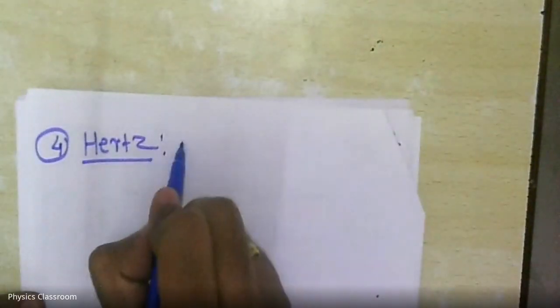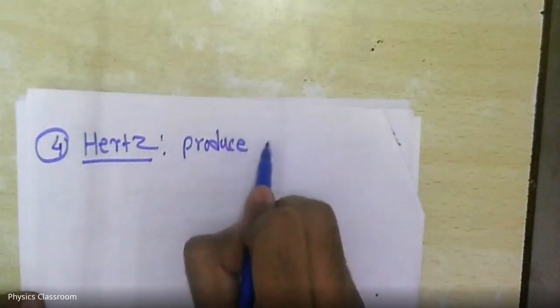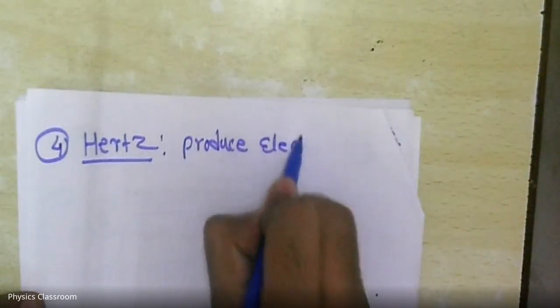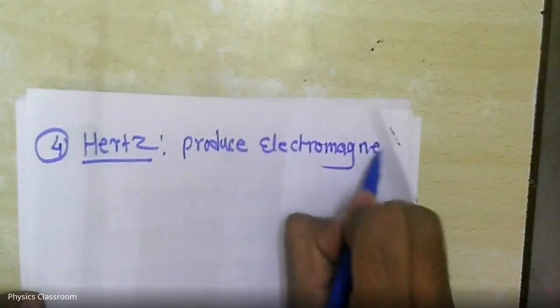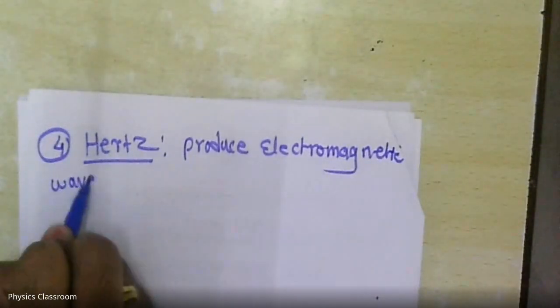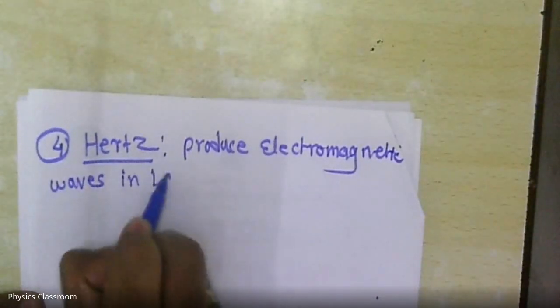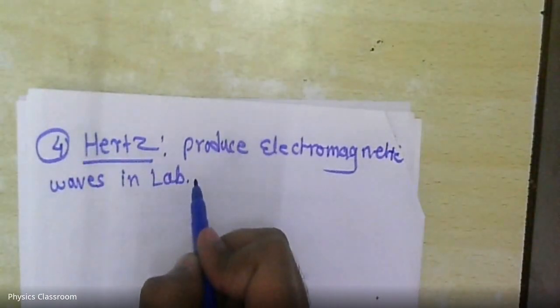Hertz produced electromagnetic waves in the laboratory, and the wave nature of light was accepted.